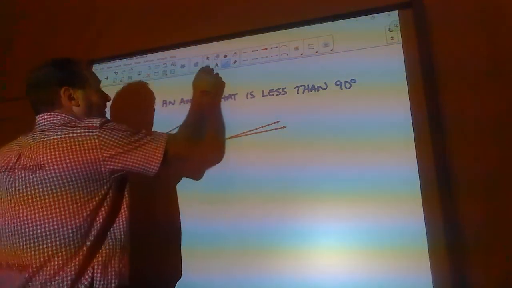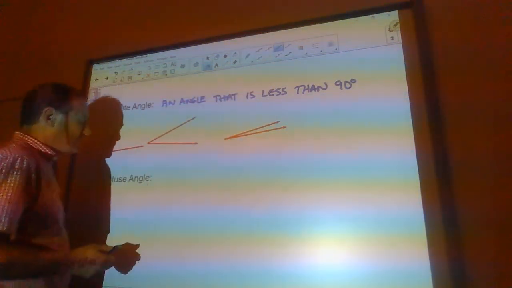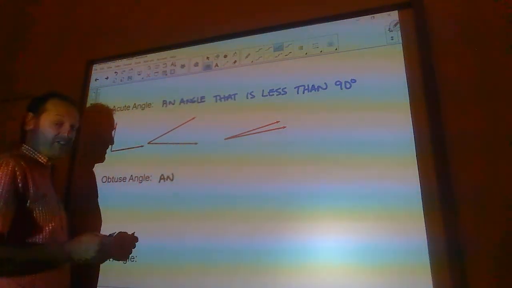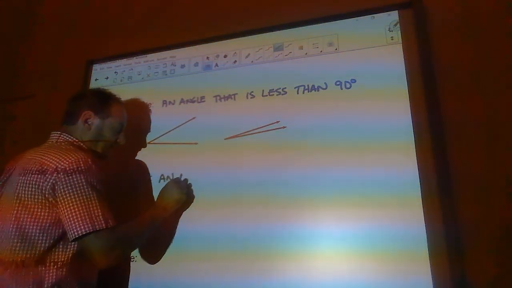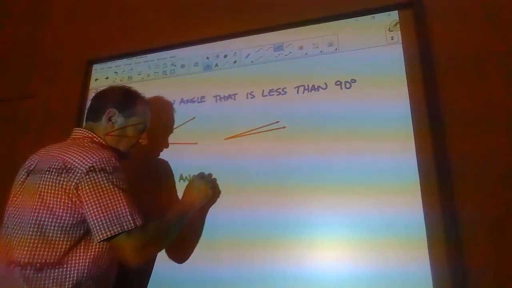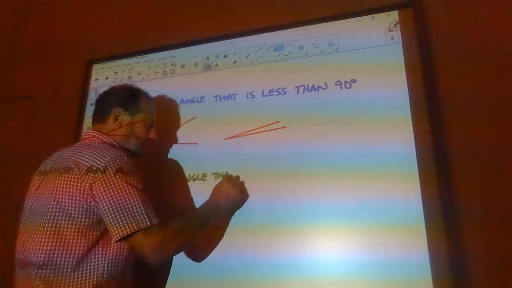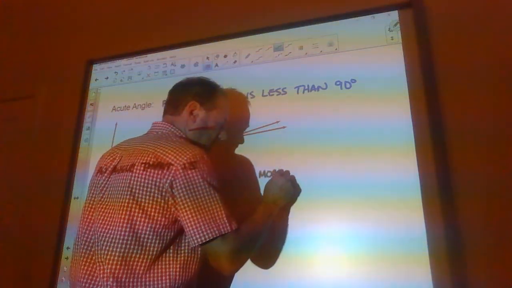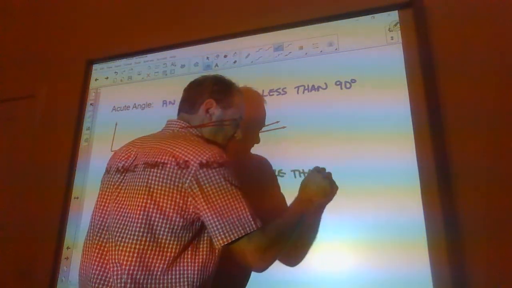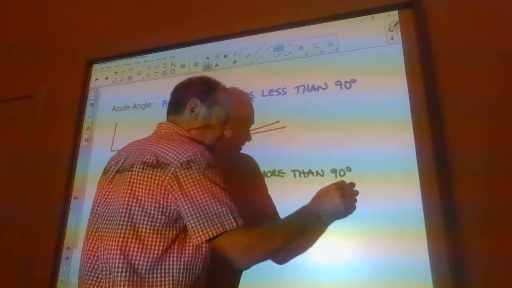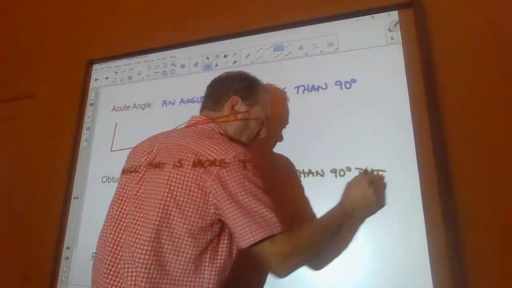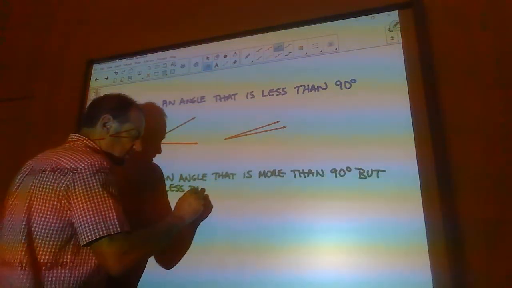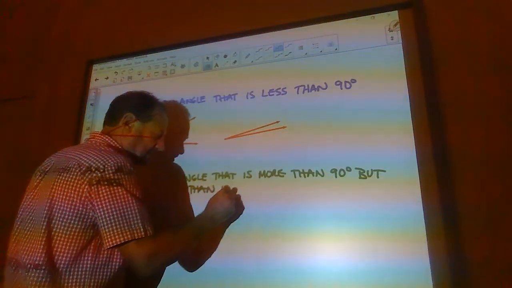Now, an obtuse angle, the word obtuse means dull, by the way, is an angle that is more than 90 degrees but less than 180 degrees.